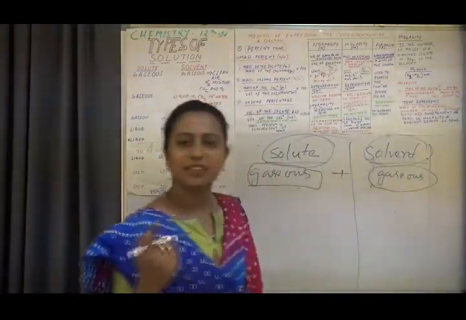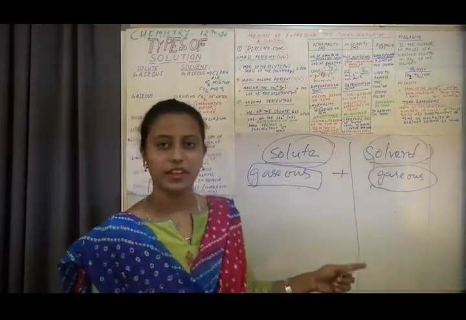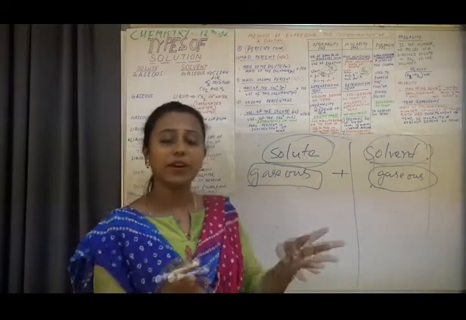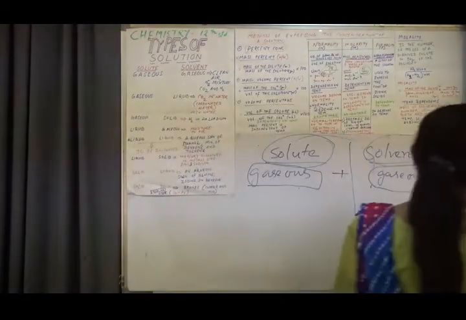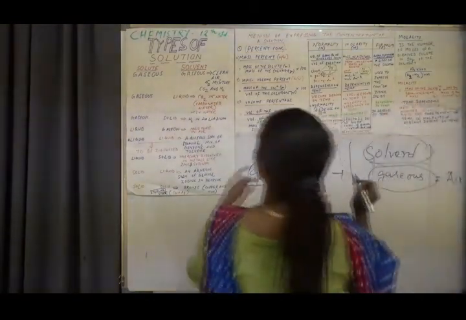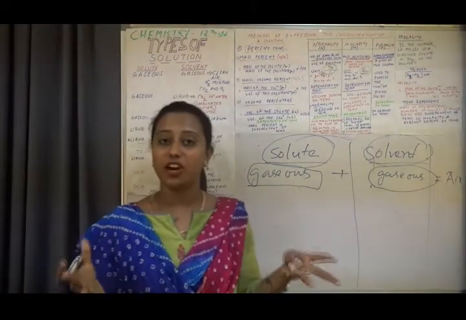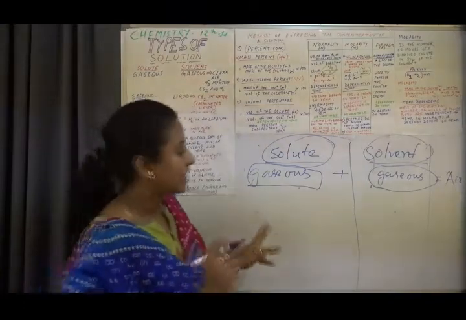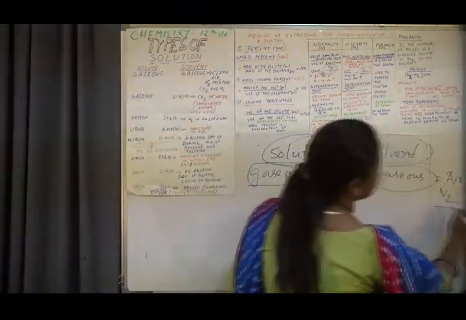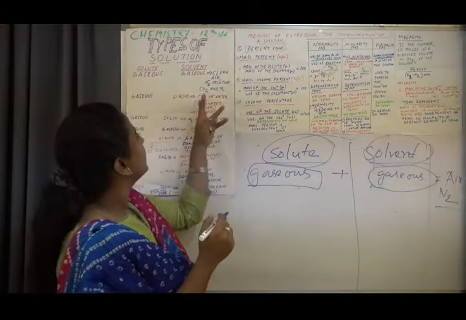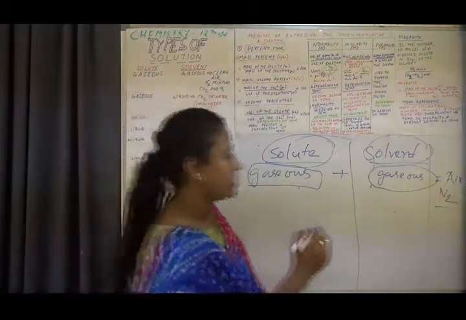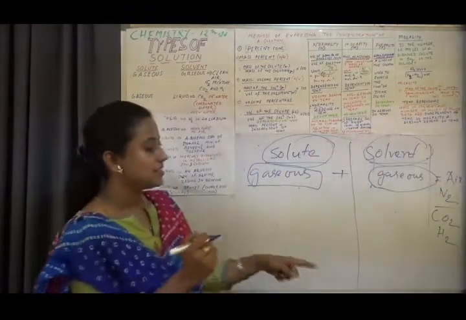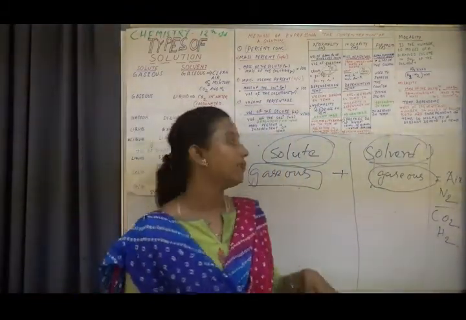Can you find some example of this type of solution? We can find it in our surroundings. It can be clean air, which we are breathing. This clean air is a mixture of gases. Then nitrogen mixtures, which are also mixtures of two gases. Then carbon dioxide and hydrogen. These are two gases, and when they mix together, they form a solution.